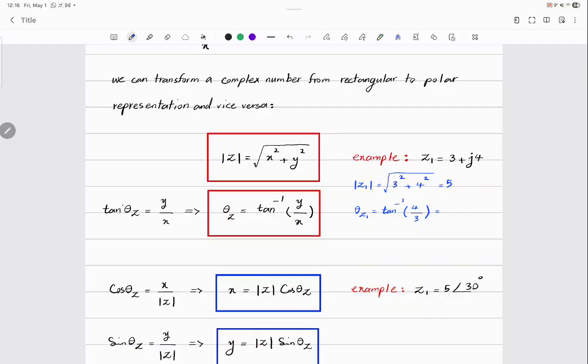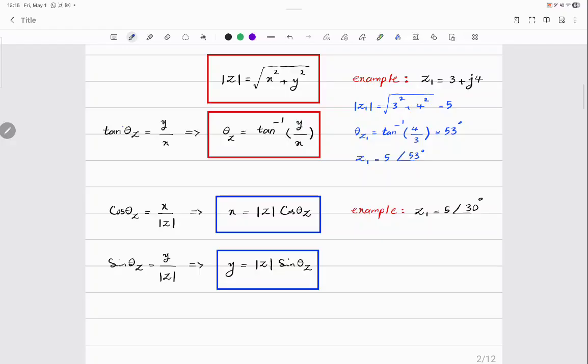I think I remember it was 53 degrees, roughly. Okay. So what is your number? 5 angle 53 degrees. So whether you write 3 plus j4 or 5 angle 53 degrees, these are indistinguishable. They are the same point. How can I go from polar to rectangular?